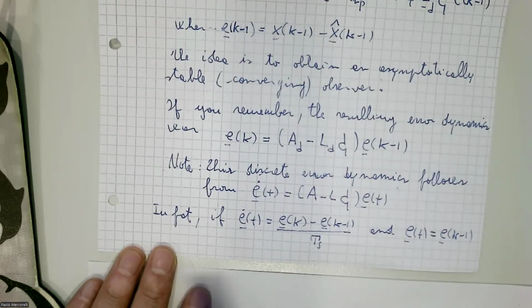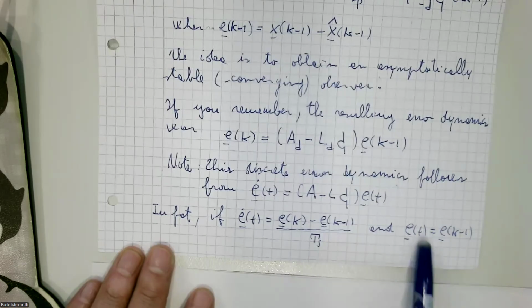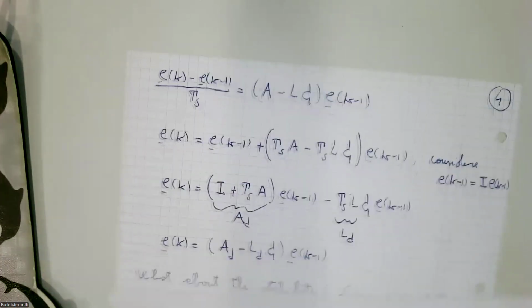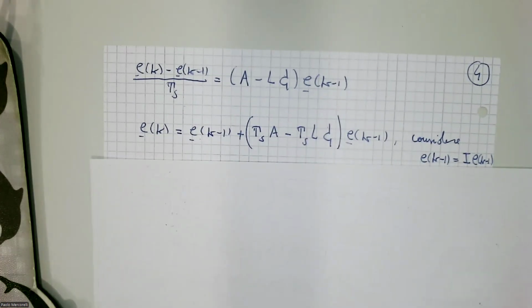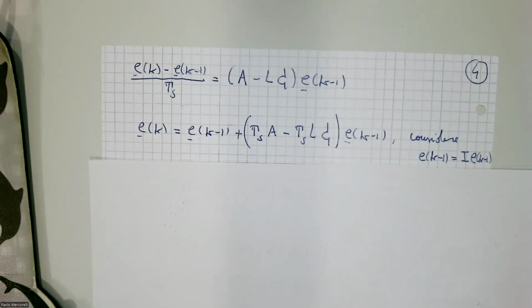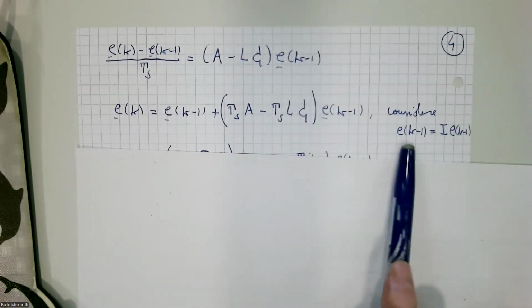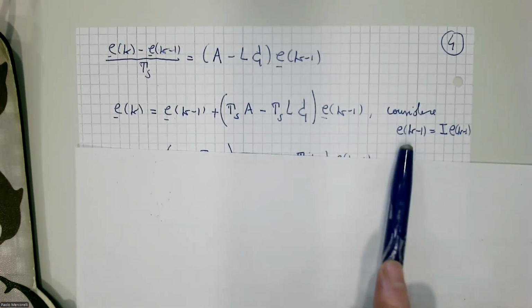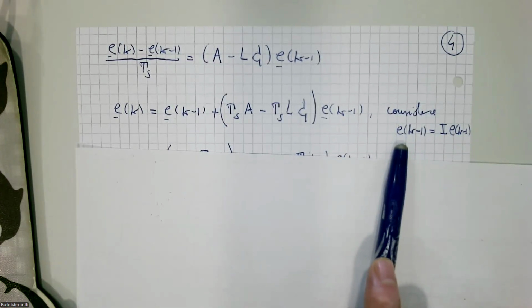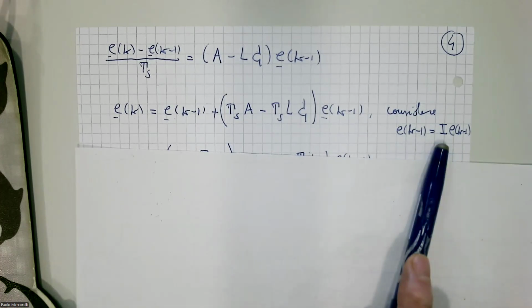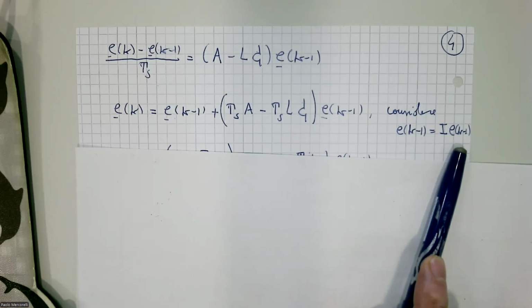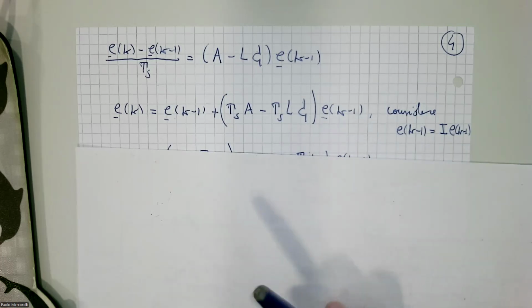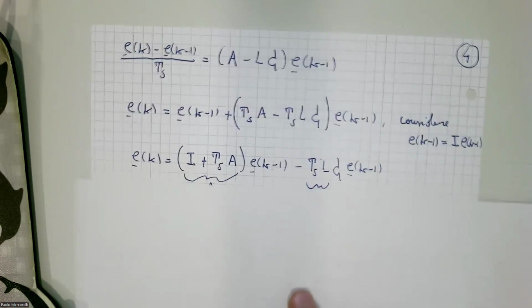Let me plug in this expression and this expression, in forward order. If you do this calculation, I just plug it in, and I have this one. I start doing this calculation. Always remember that the E of k minus 1, this is the column error, the error in the current and the error in the velocity, equals the identity matrix times E of k minus 1. I don't know if this is visible.